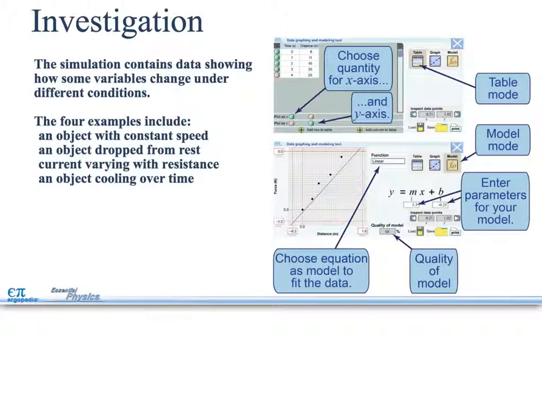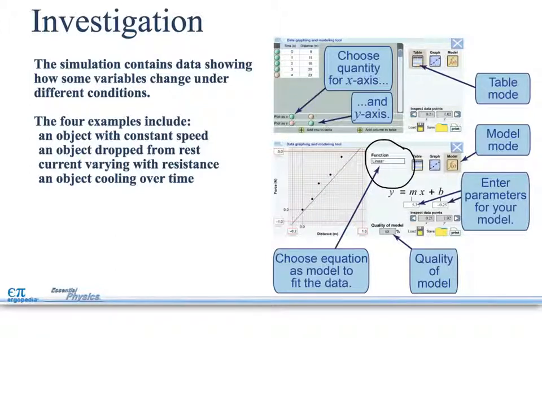All right, the simulation contains data showing how some variables change under different conditions. The 4 examples include an object with constant speed, an object dropped from rest, current varying with resistance, and an object cooling over time. So it gives you instructions on how each one of these works: how to choose quantity for x and choose quantity for y, table mode, model mode, enter parameters, quantity of mode, and choose equation to model.